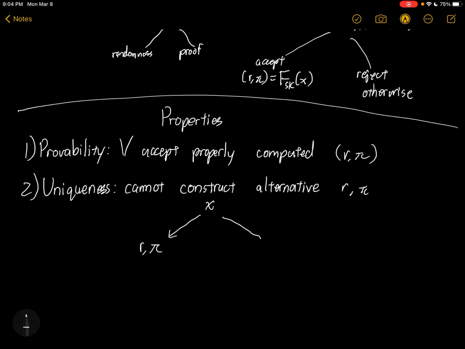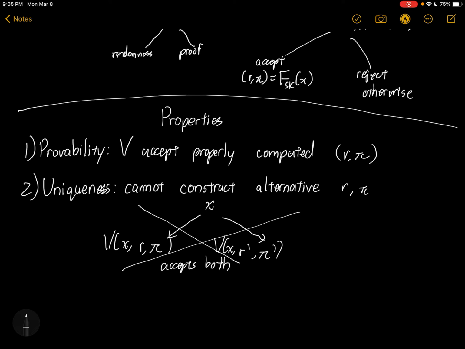It should not be the case that someone is able to create an alternative value called r prime along with a possibly different proof pi prime, such that the verification algorithm on both of these inputs accepts. This should not be the case.